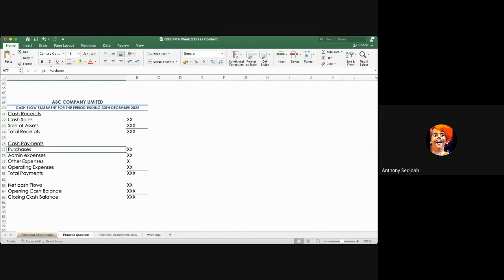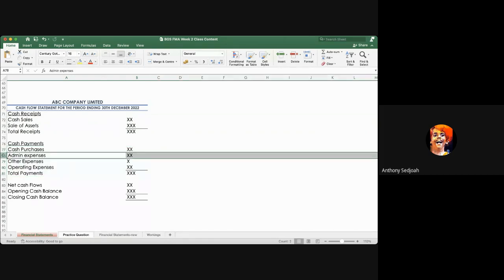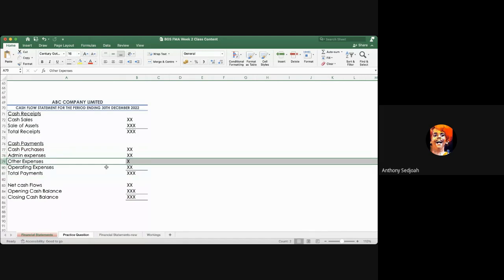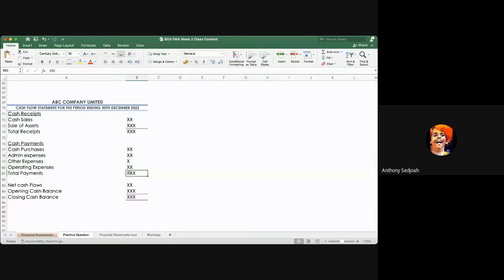Then we have purchases too under the cash payments or the cash outflows. Purchases too should also be cash purchases because you can decide to buy and then you won't pay immediately. So in fact, anything here at all should involve the movement of cash. Anything, whether it's an expense or it's a sale, it should involve the movement of cash. So admin expenses, other expenses, operating expenses, that will give you a total payment.